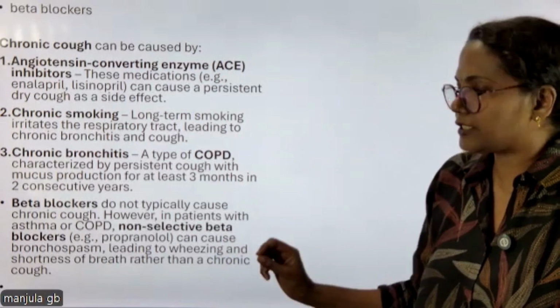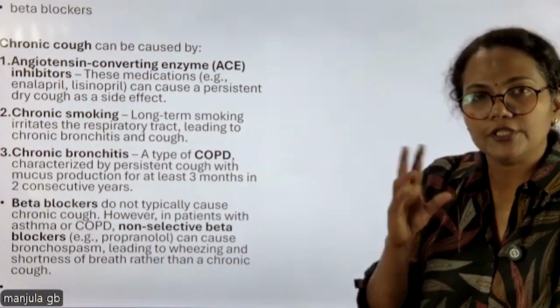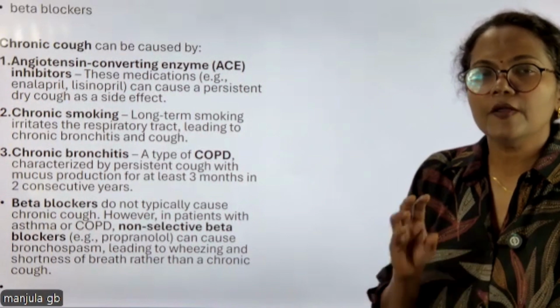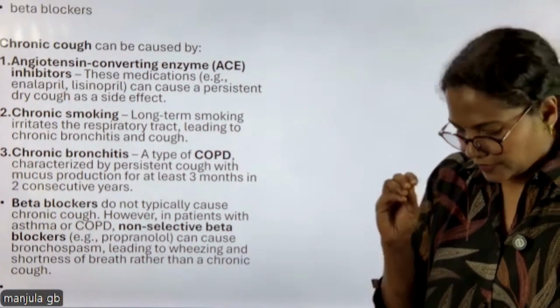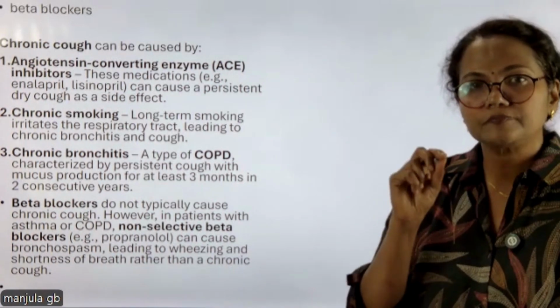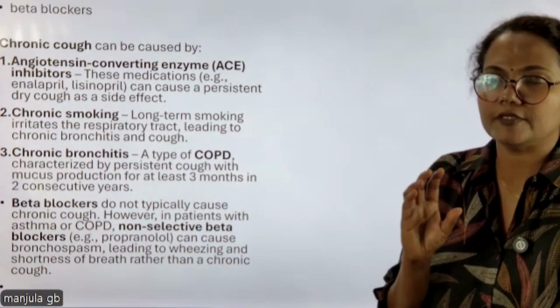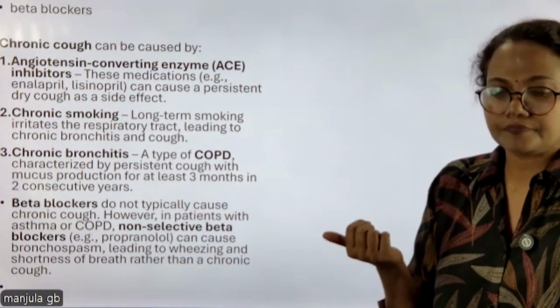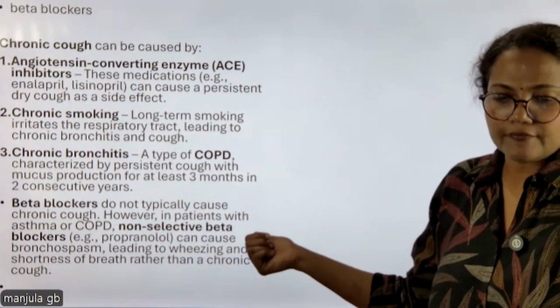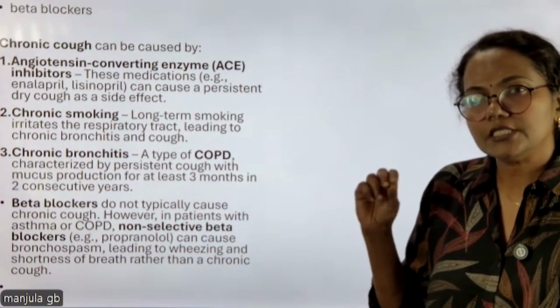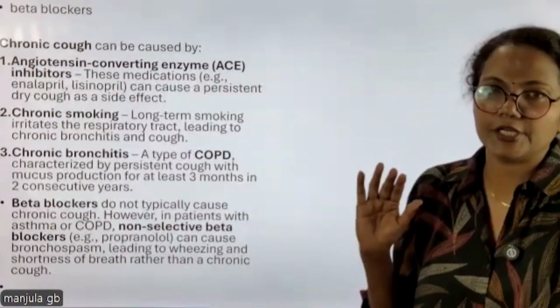And beta blockers, there are two different types, right? Selective and non-selective beta blockers. Selective beta blockers will act only on the beta 1 receptors, which are mostly found in the heart and the blood vessels. And so when you are giving selective beta blockers, it will not cause any respiratory problem.